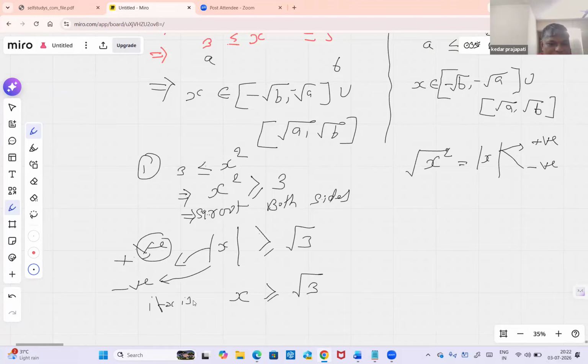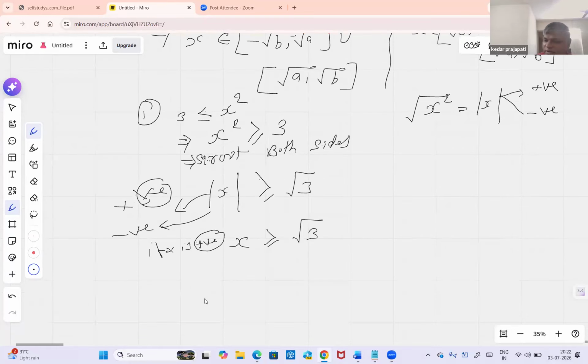If x is negative, so now in the number line, where will you go? This is 0. This is root 3. Somewhere here, minus root 3 will come.